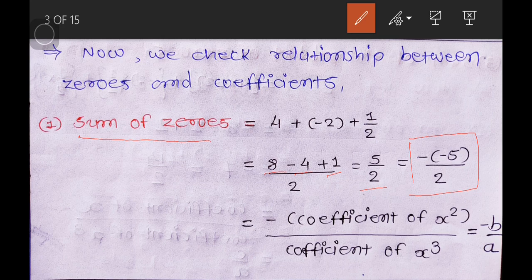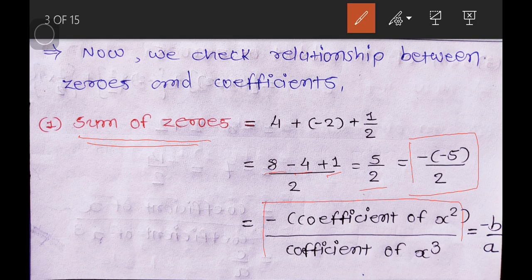Now we know that minus 5 is the coefficient of x square, the second term of the cubic polynomial, and 2 is the coefficient of x cube. So the relationship is: sum of the zeros is equal to minus coefficient of x square divided by coefficient of x cube.